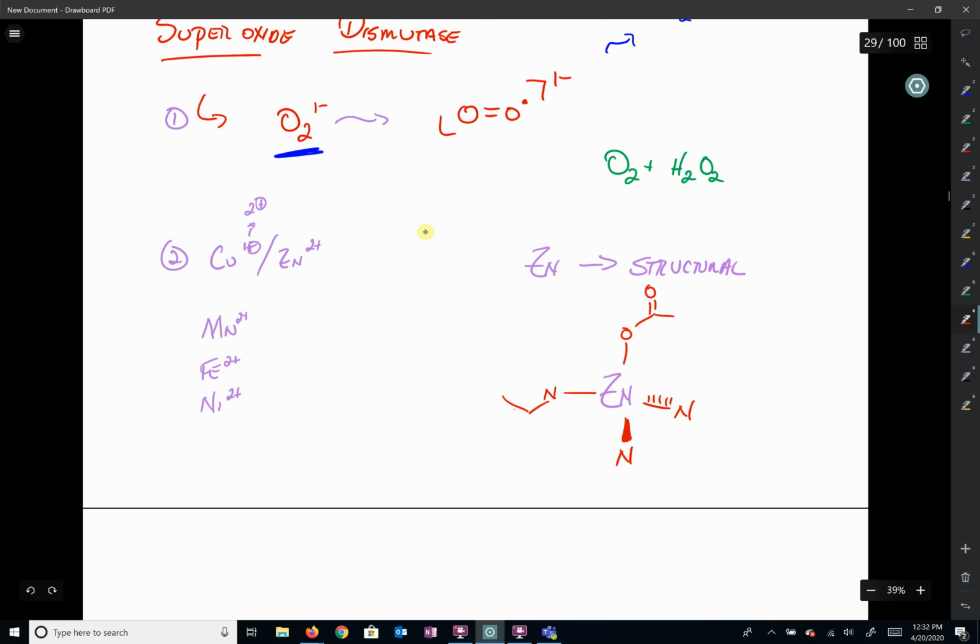Now I'm going to draw out this imidazole here, because this is going to be a unique spot for this imidazole. So we've got this and this, and then this is tethered to the rest of the chain up here.